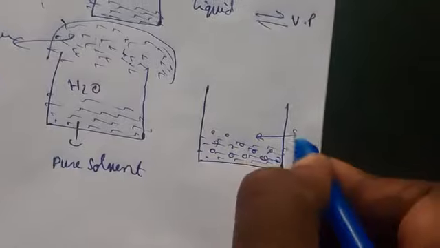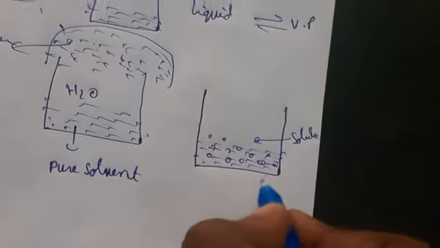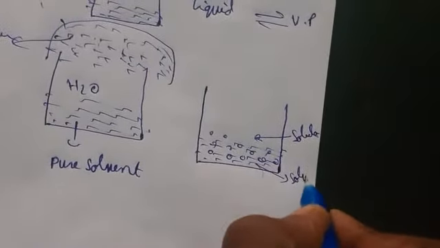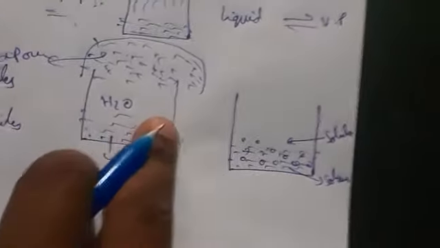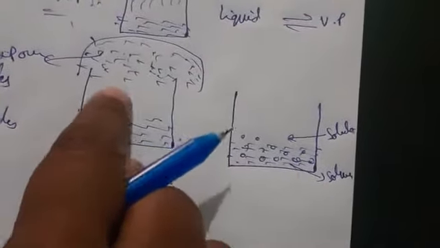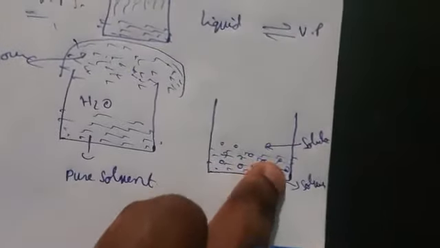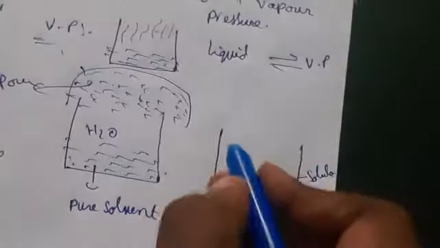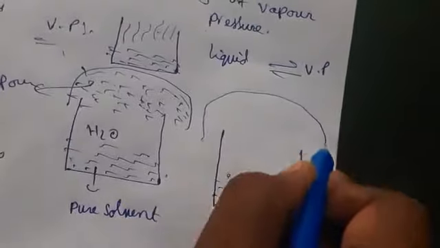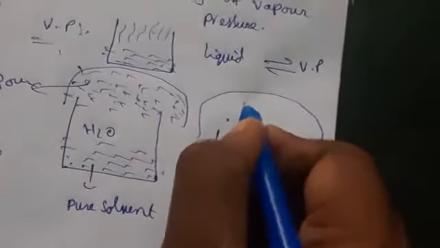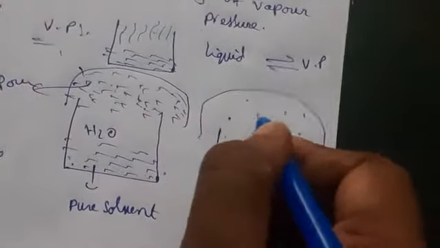This is the solute and this is the solvent. When you heat this, the water evaporates, but here the solute reduces the gas molecules. If you observe here, we have very limited gas molecules.